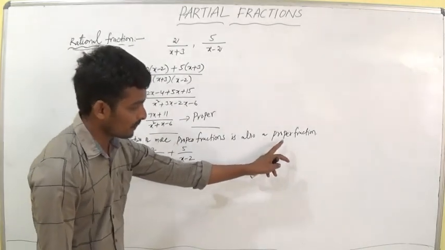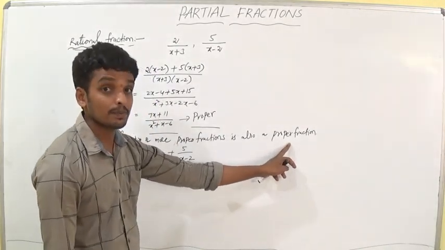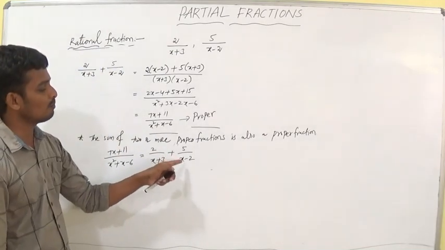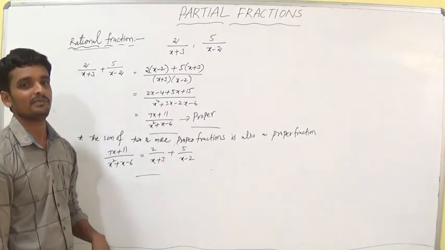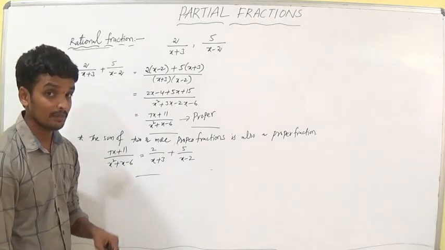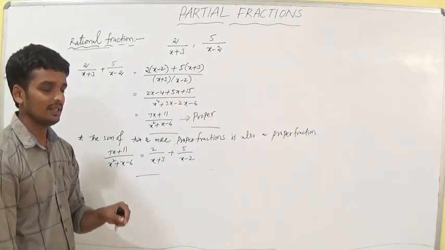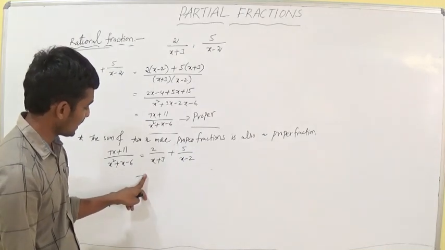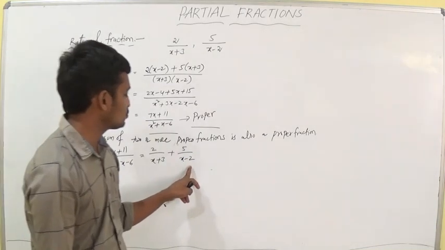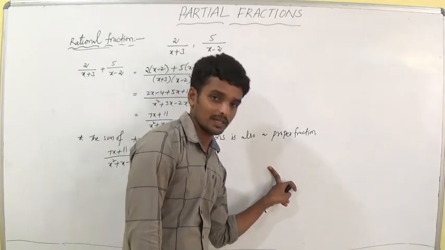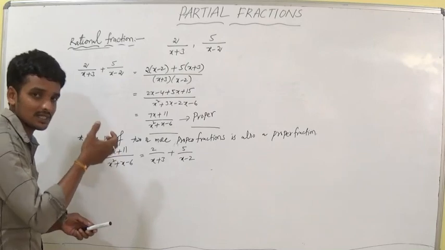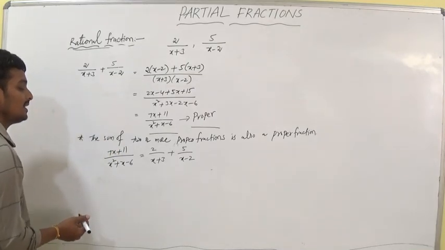A proper fraction can be expressed as the sum of two or more proper fractions. Do you understand? I am repeating again and again. This method, this process is called decompose.